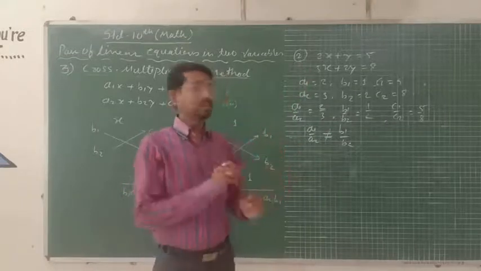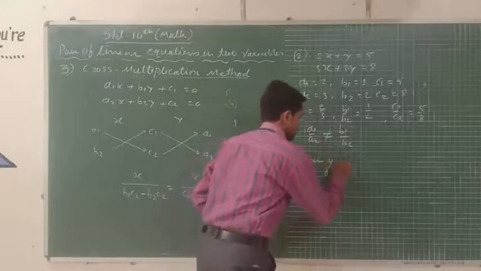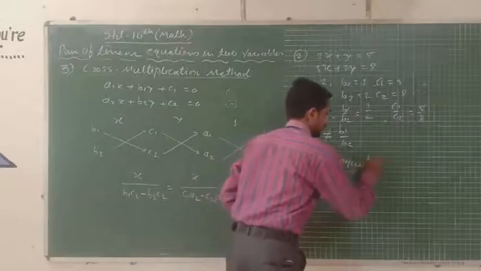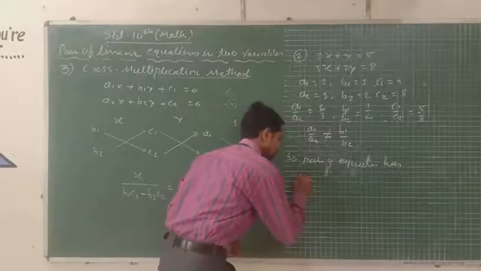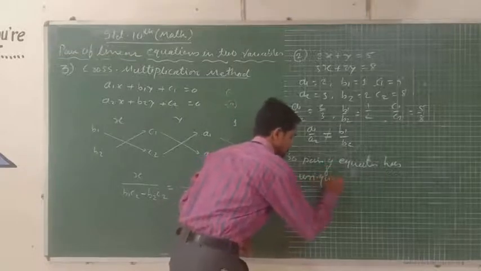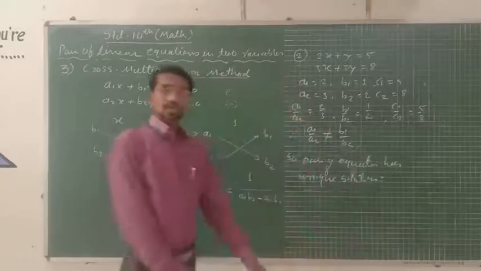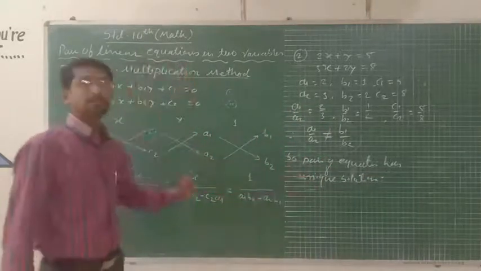It has what? Intersecting lines. So the pair of equations has a unique solution, one solution. What does the question say? If it has a unique solution, then find it using the cross multiplication method.